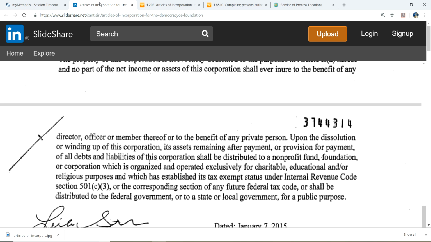The meaning being that this corporation was founded for the benefit of the public. It was not founded for an individual's capacity to gain money.